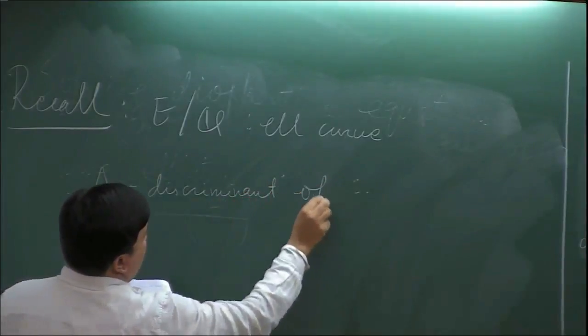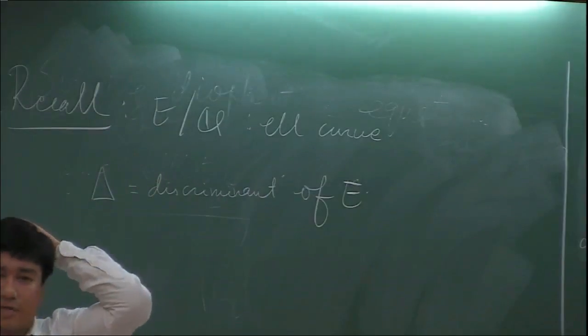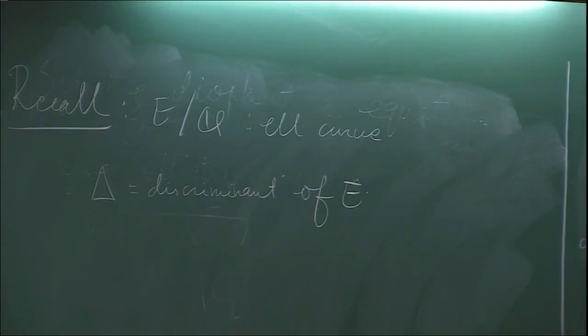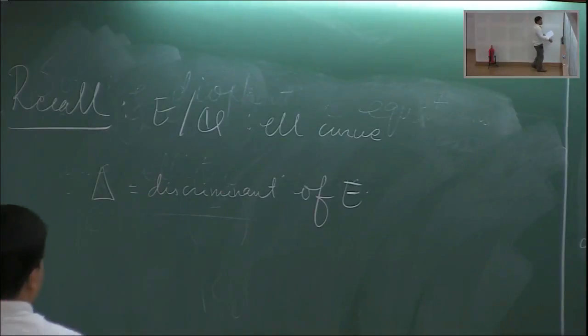But then, when you say E over Q is an elliptic curve, it actually has an explicit equation. You can compute the discriminant in terms of the coefficients of the elliptic curve. But there is one, the smallest discriminant possible among all the models, and that's called the minimal discriminant.